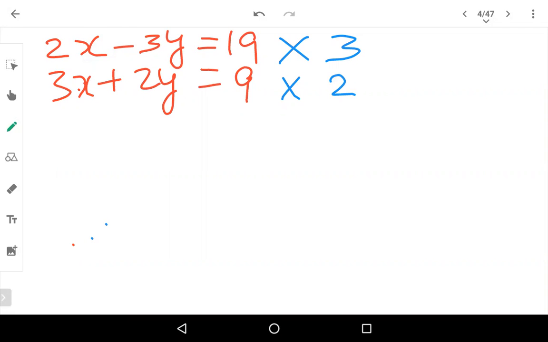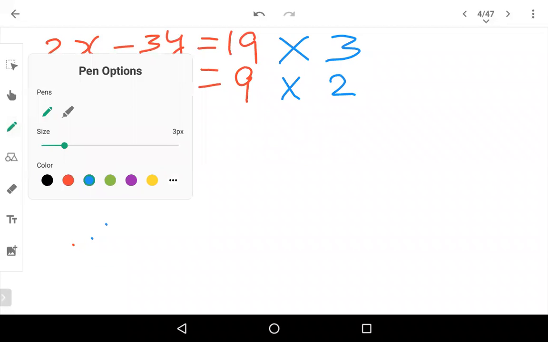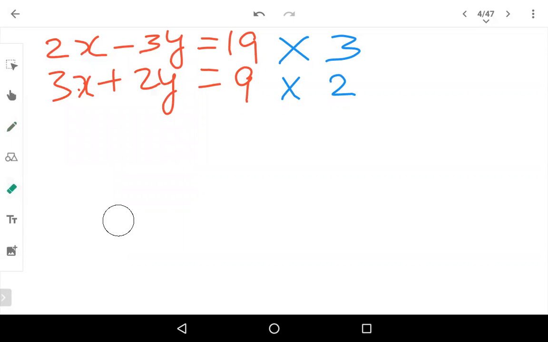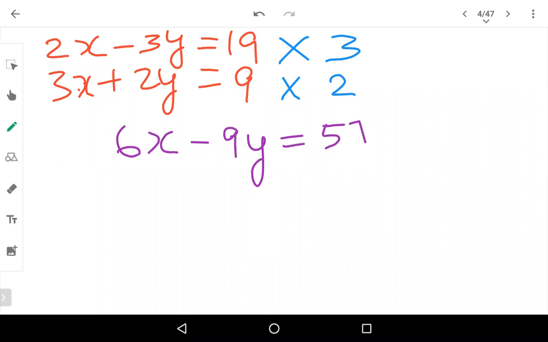Write every step properly so that you'll be able to solve them easily. Now 2x, 2 3s are 6. So I'll get 6x, 3 3s are 9, minus 9y. 19 into 3 will give me 57.